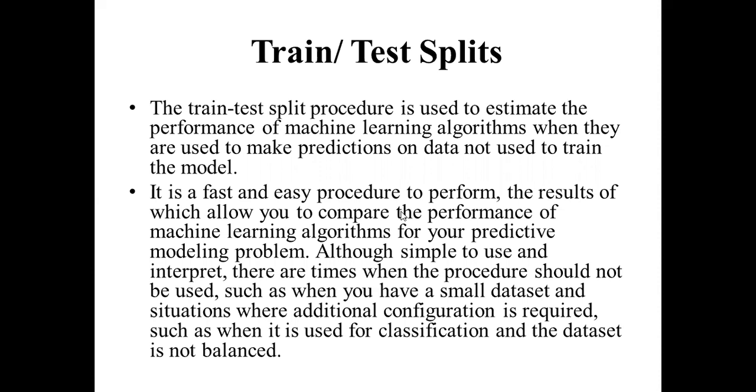But mostly we take 30 to 40% as training data, and the rest is test data. The more complex and varied the training data is, the better the model that can be built.